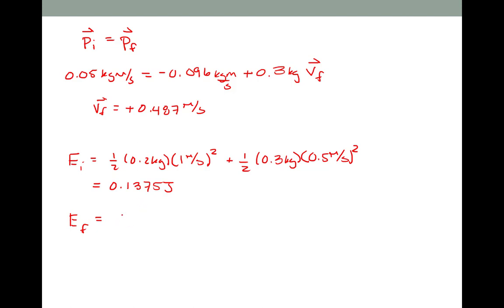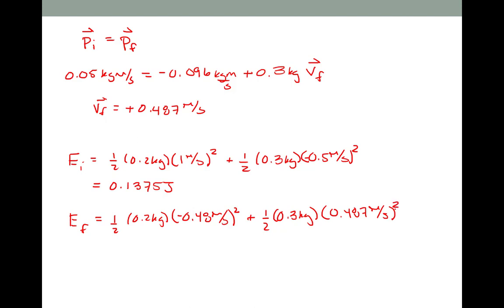The final energy will be 1/2 times 0.2 kilograms times negative 0.48 meters per second squared. There's a negative sign up here that I didn't write. It squares away, so it doesn't affect the math. And plugging all that in gives a final energy of 0.0586 joules.